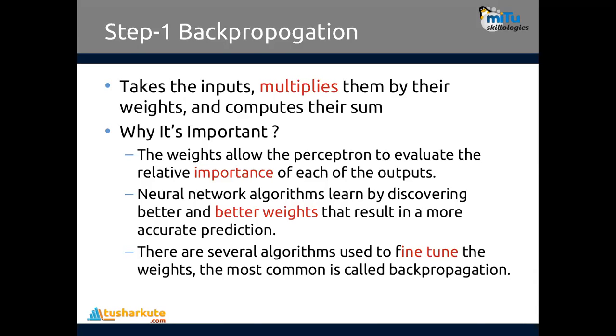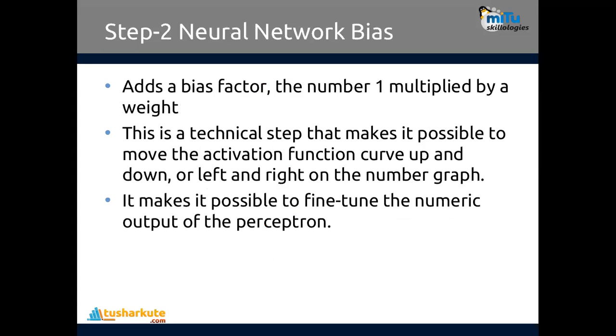Fine tuning is almost making the thing perfect. It is done with the help of the backpropagation algorithm. Backpropagation is one of the algorithms used to fine tune and adjust the weights. It means if a weight is not appropriate or proper, reassign and readjust it. That is called backpropagation. We'll go into detail about backpropagation. So remember the term backpropagation for now, and let's continue with the second step, that is bias.